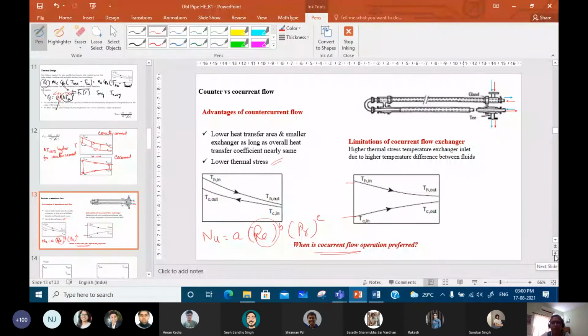Yes, ma'am. Now, can you tell me when it does not matter whether we opt for a co-current flow or a counter current flow, we can go for either, it does not matter? Can you tell me under what conditions? These are just heat transfer, no design. Can you tell me under which condition we are going to have that? It does not matter.